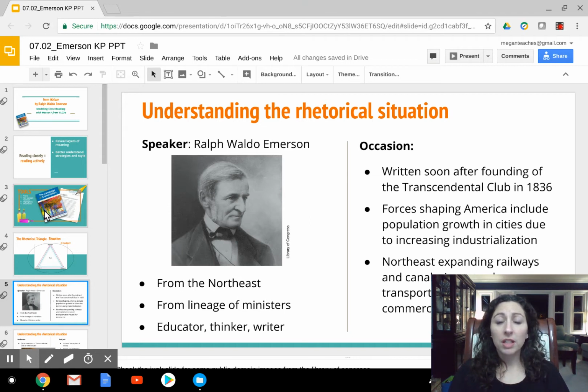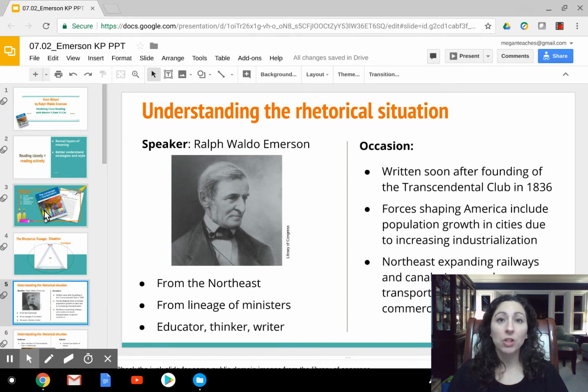The speaker is Ralph Waldo Emerson. He was from the northeast part of the United States, spent some time in New York, in Concord. So we know he was from that area of the United States. His background and his education were heavily influenced by the fact that he is from a long line of men who were in the ministry.